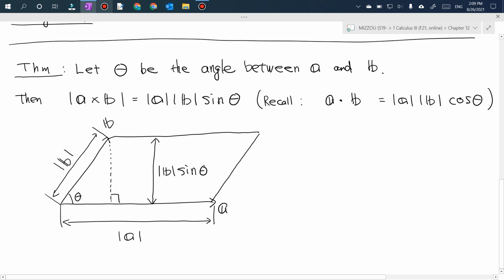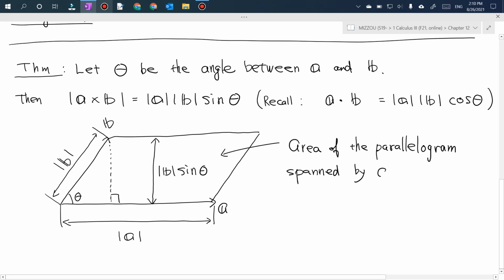And then if you multiply the magnitude of A, which is the length of the base, by B sine theta, the height of the parallelogram, what you get is, of course, the area of the parallelogram spanned by A and B, so to speak.